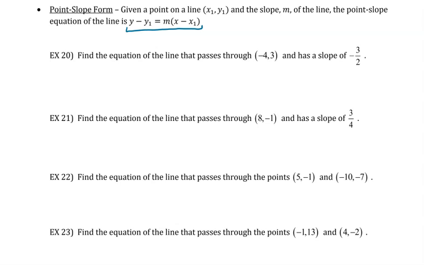So you don't need a specific point like the y-intercept, you just need any point. So, for example 20, we do have a point, so I'm going to go ahead and label it as x1, y1. And we do have our slope, so remember that's m. So all we have to do is plug it into this equation.